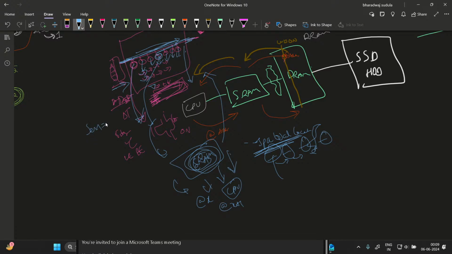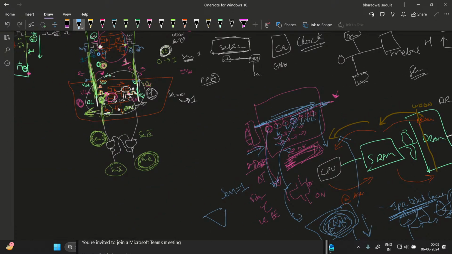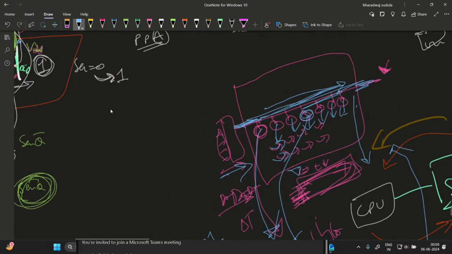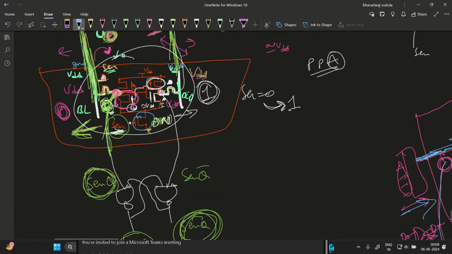Sense enable has to be 1, and before reading out the data from the sense amplifier, this has to be off. If you know the differential amplifier concept, you would understand that while reading, this has to be turned off.